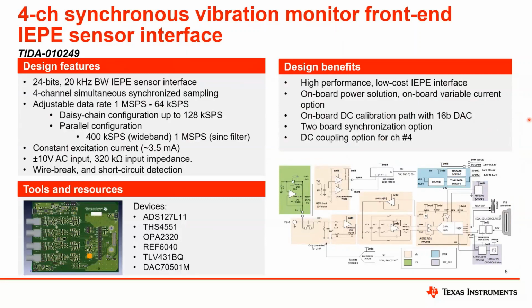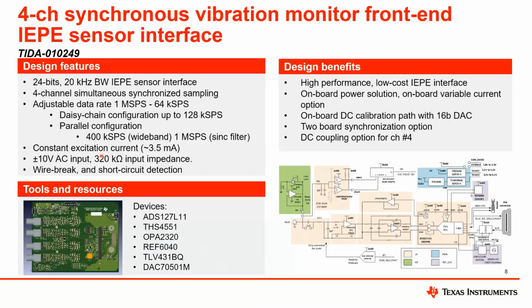So after introducing the IEPE sensor and the application, we can delve into our design, which you can find on ti.com under the name TIDA-010249. The design demonstrates a 4-channel simultaneous sampling, high resolution, 24-bit and wideband, 20 kilohertz.